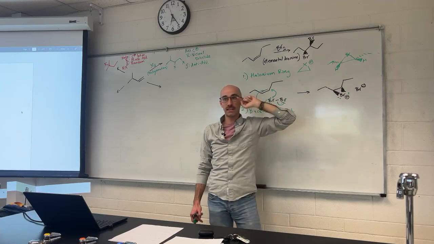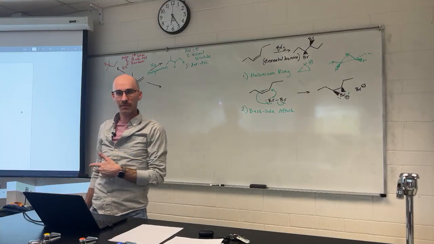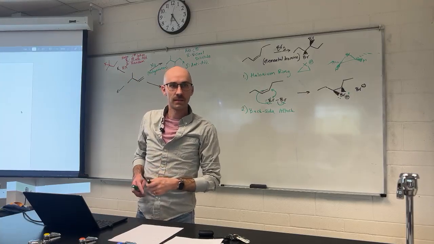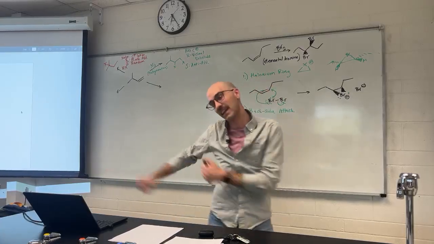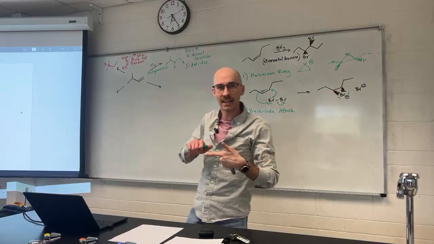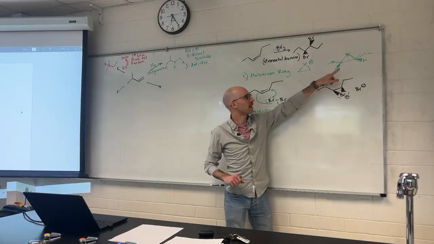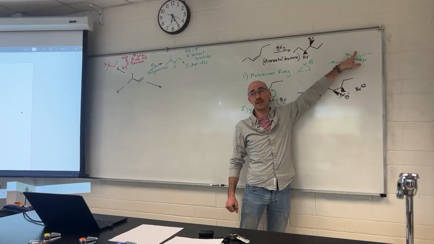You might think of this like trying to push somebody out of a taxi cab from the back seat. You're not going to climb over them on one side and then kick them out that same side. You're going to climb in from the opposite side of the taxi and kick them out. Bromide is not going to come from the side bromine is already on.